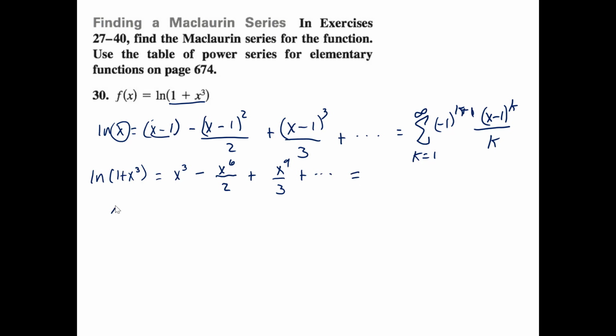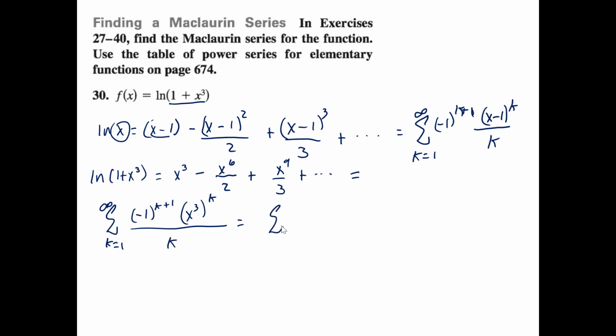If we wanted to write that in summation notation, we can simply go to our summation from k equals 1 to infinity, and replace the x with the 1 plus x cubed. We still have the factor of negative 1 to the k plus 1, and x is 1 plus x cubed minus 1, which is going to be x cubed to the k, and then over here you have k.